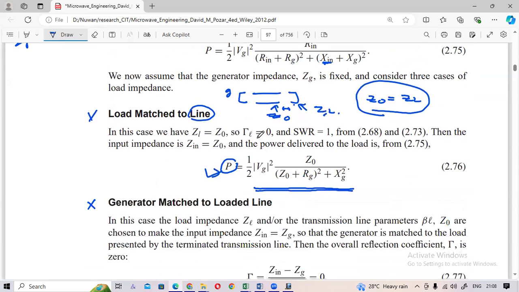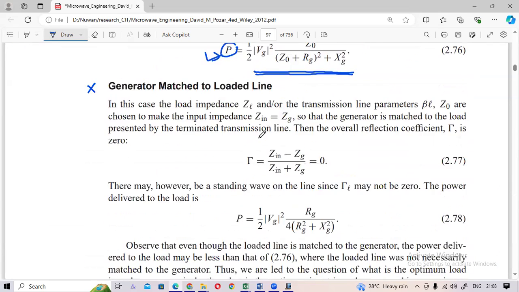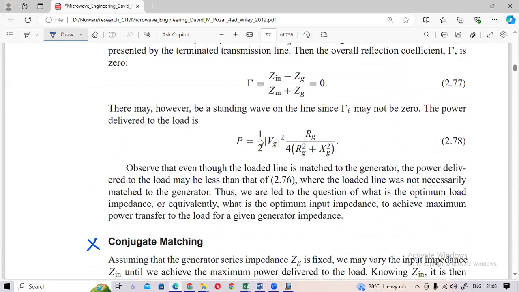Now calculate this one. Let's say this is the characteristic impedance Z naught of the transmission line, and this is the load impedance ZL.